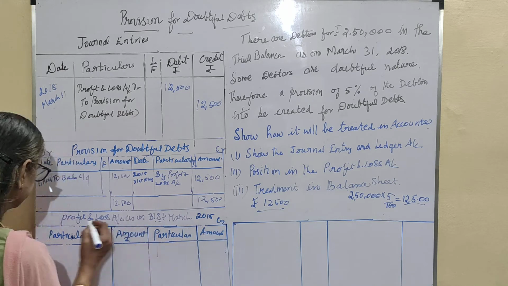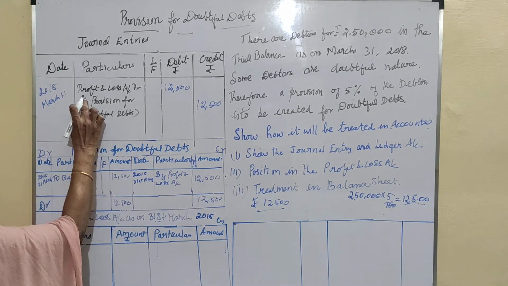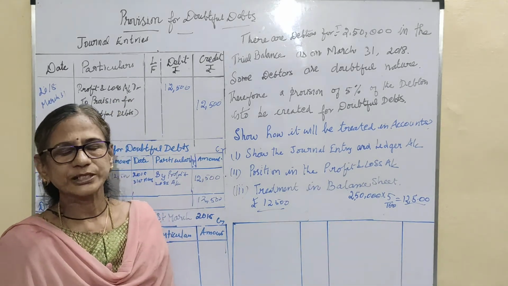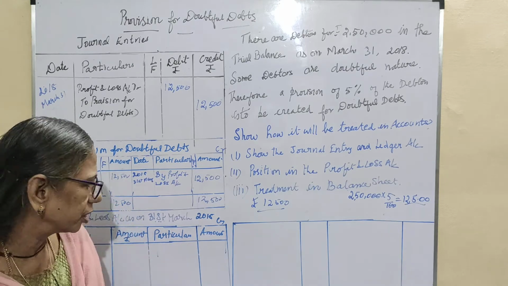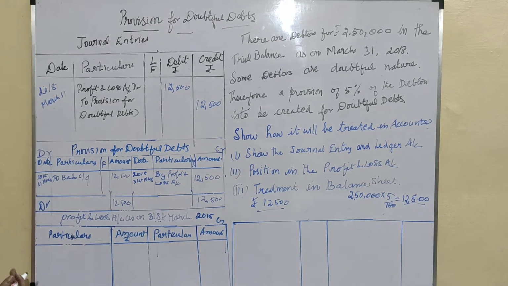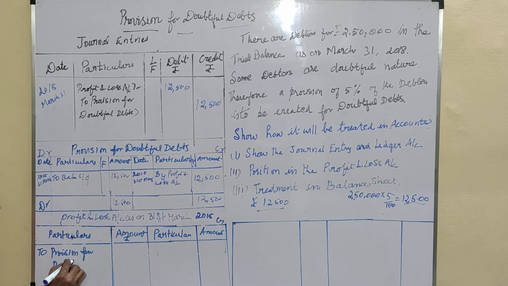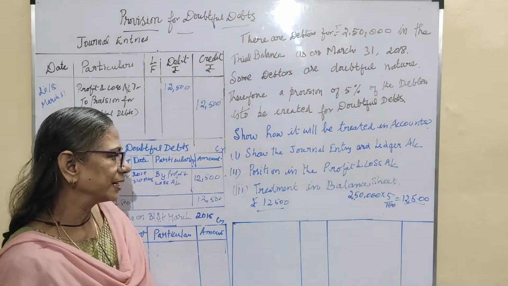This is the CR side, this is the DR side. Here the profit and loss account is debited because it may be a future loss. All expenses and losses are debited to the profit and loss account according to the nominal account rule. So we have to write here: to provision for doubtful debts. How much have you created? 12,500.